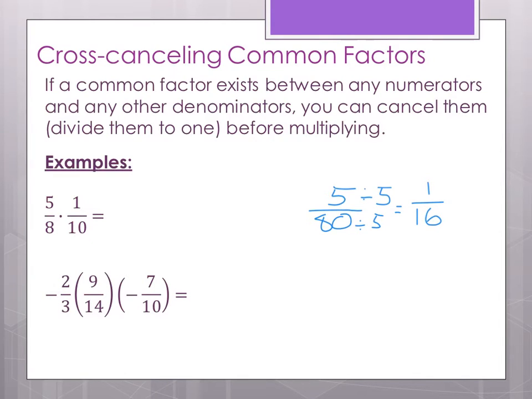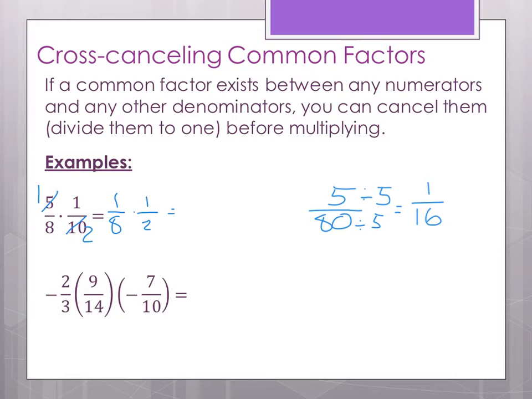Okay, the common factor here is 5. So I'm going to go ahead and divide out that common factor first. I'm going to divide 5 by 5 and replace that with a 1, and divide 10 by 5 and replace that with a 2. Okay, so now if I were to rewrite this, you don't have to rewrite this, but sometimes it helps to keep things from looking messy, this would look like 1/8 times 1/2 after I factored out those common factors.